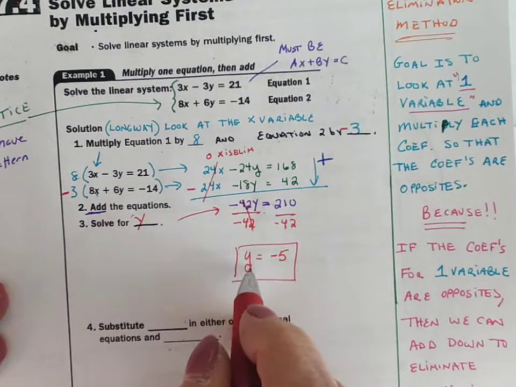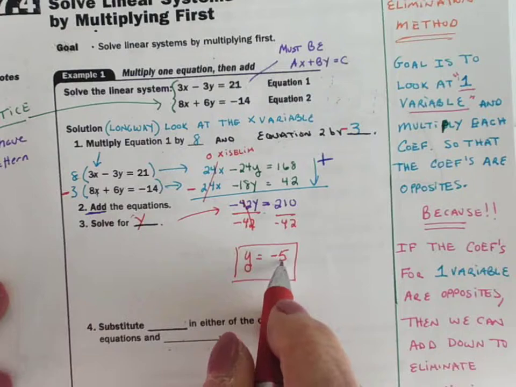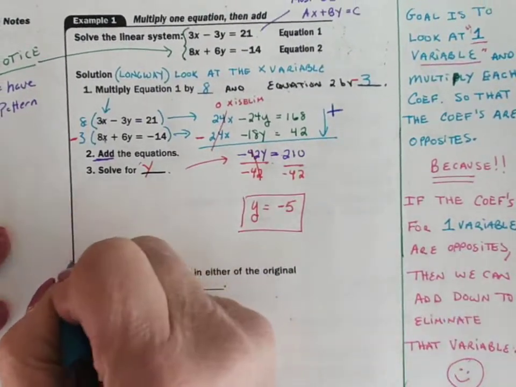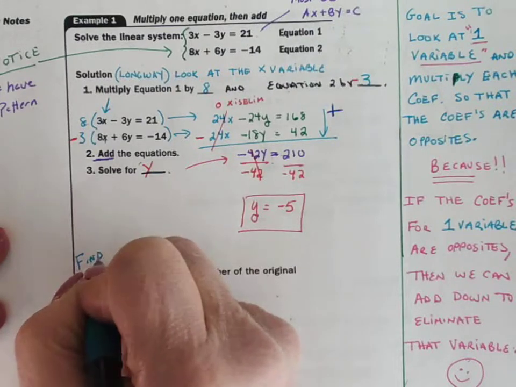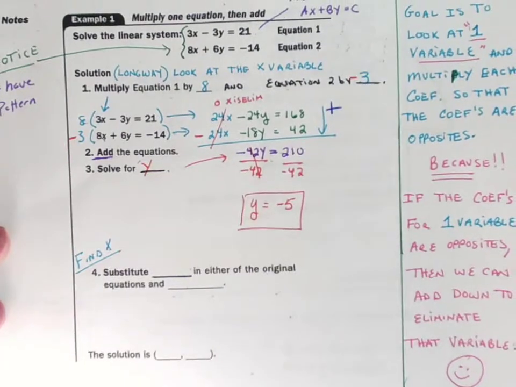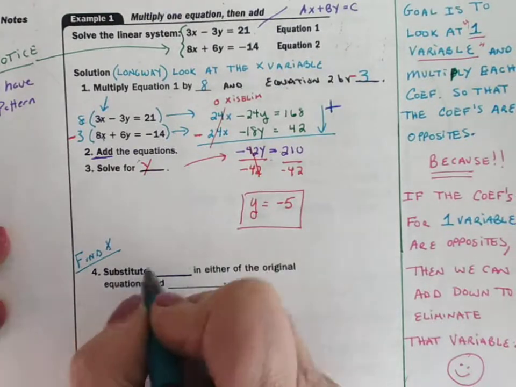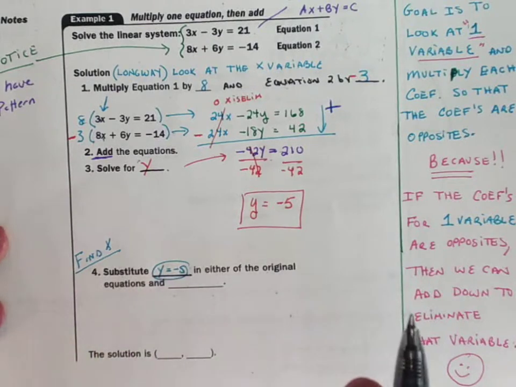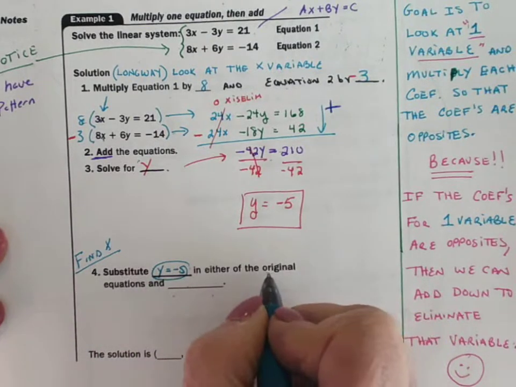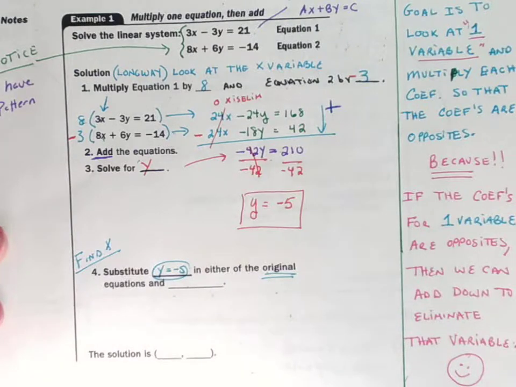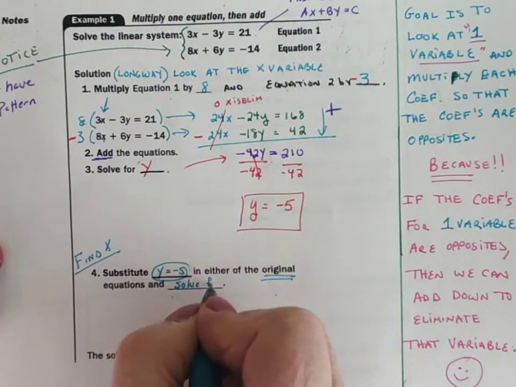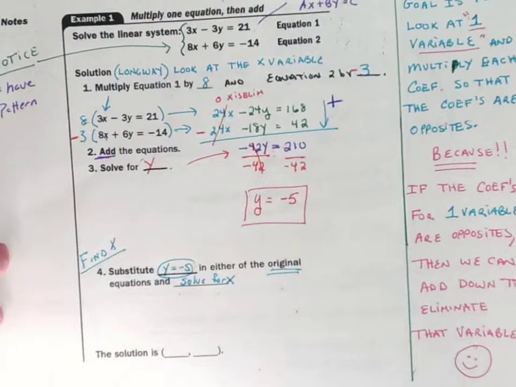So now that we know what y is, we have to find x. Well, how do we do that? We know that y is equal to negative 5, and we're going to substitute it into either of the original equations and solve for x.